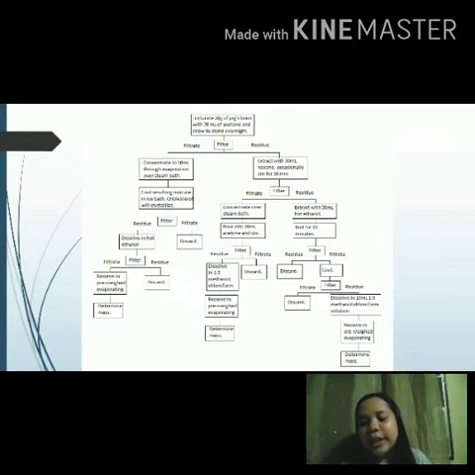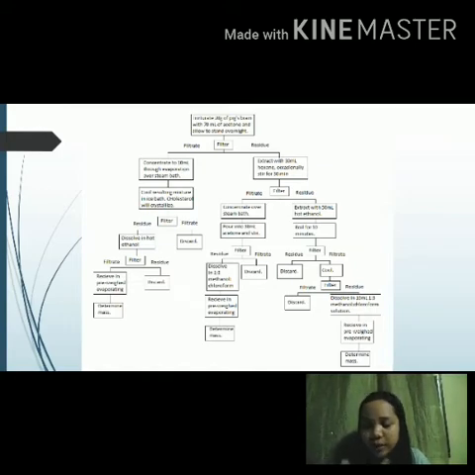So after filtering, the filtrate was concentrated to 10 milliliters through evaporation over a steam bath. It was then cooled in an ice bath. After cooling, cholesterol crystallized and was collected again by filtration.